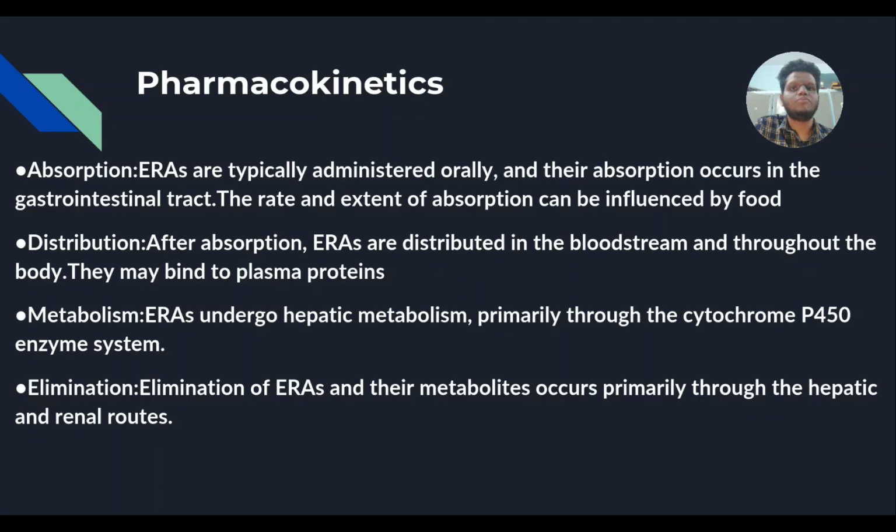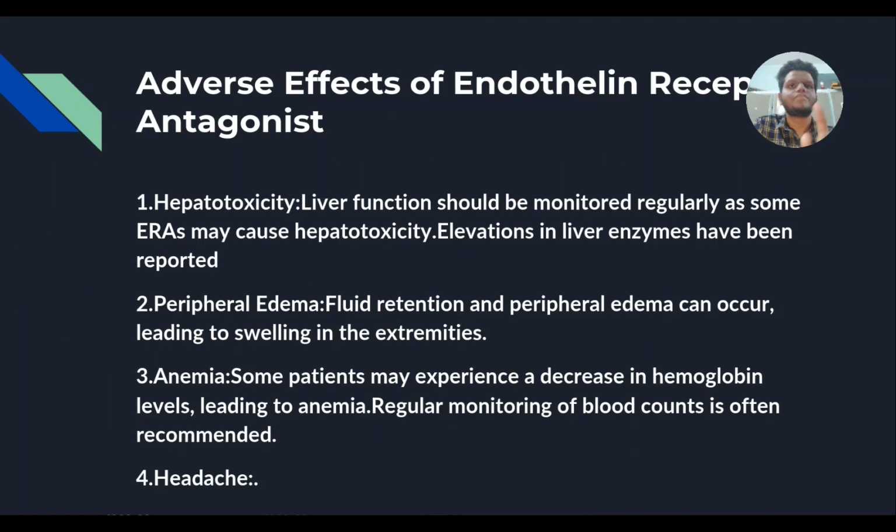They may bind to plasma proteins, due to which their half-life increases. Then metabolism. Endothelin receptor antagonists undergo hepatic metabolism, primarily with the help of cytochrome P450 enzymes. Elimination. Elimination of endothelin receptor antagonists and their metabolites occurs primarily through hepatic or renal routes.